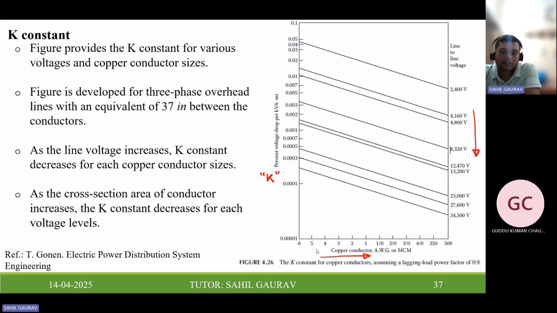You see that when the copper conductor size increases, the K constant reduces, and whenever the line-to-line voltage increases, the K constant also reduces. So as the cross-sectional area increases, K constant decreases. As the line voltage increases, K constant decreases.